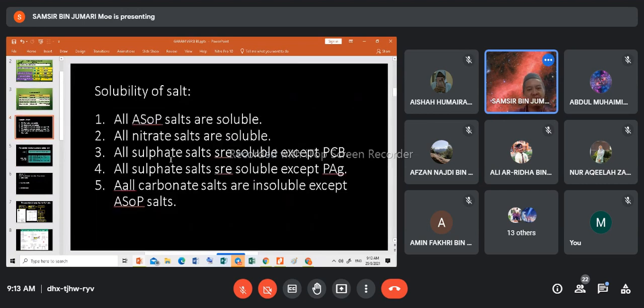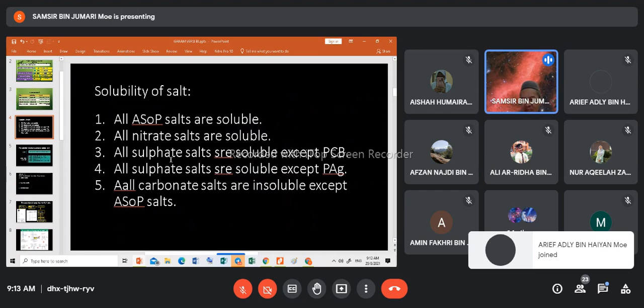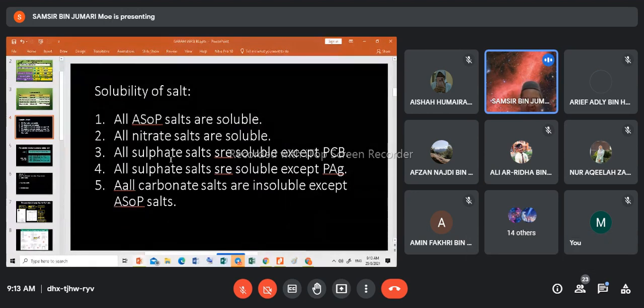This is the type of the salts based on the solubility of the salts. All absorbed salts are soluble. So give me an example of the insoluble salt. Apa dia? Lead chloride. Okay, lead chloride. That's right.